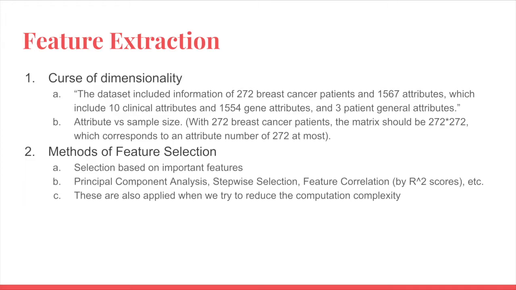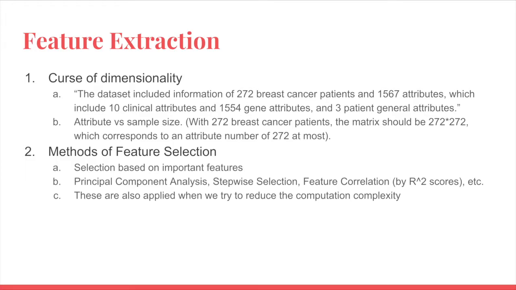It is the pre-processing step of the entire project, and in that project, the data set we got was pretty bad actually, because we only have 272 breast cancer patients, which means we only have 272 data sample points, or the sample size is only that small. But we have 1,567 attributes, which means we have 1,500-ish features.